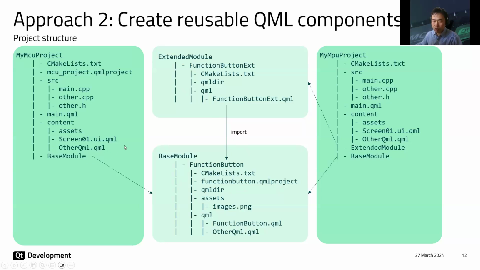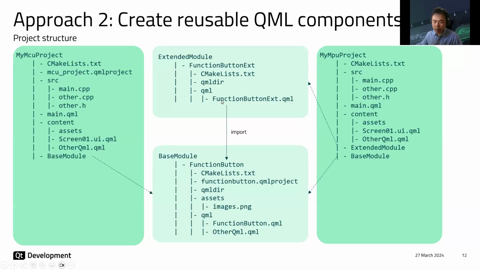Then in the MCU project, you can directly use this basic function button, and then you can extend this function button for the MPU project. So in this example, we create this function button ext, so-called extension, and it directly uses the basic function button, and you can add some other features.